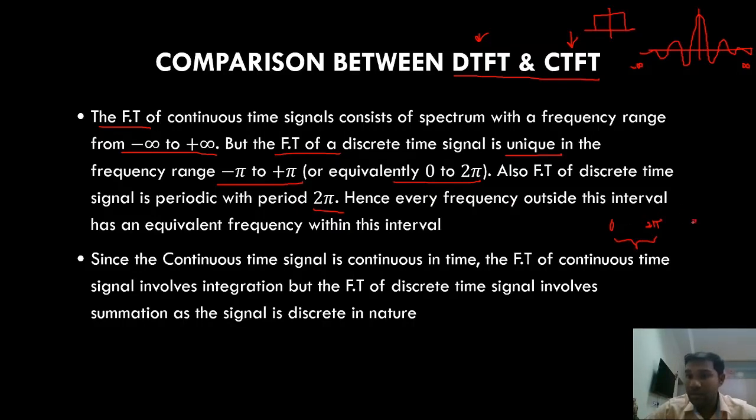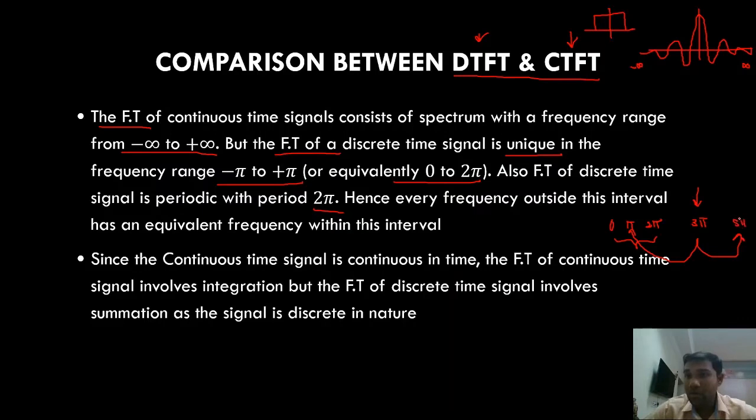Suppose I take 3 pi, my frequency 3 pi. So the corresponding frequency of 3 pi in this interval of 0 to 2 pi is going to be pi, right? Because the DTFT is periodic with period 2 pi. Whatever DTFT value I'll get at 3 pi, I'll get it at 3 pi minus 2 pi or 3 pi plus 2 pi at 5 pi.